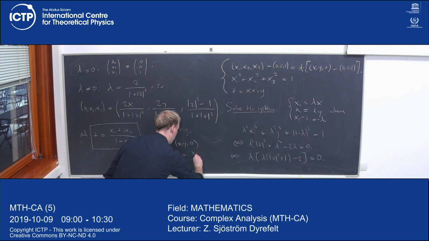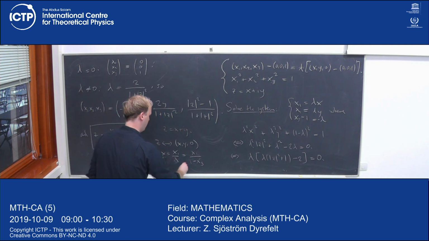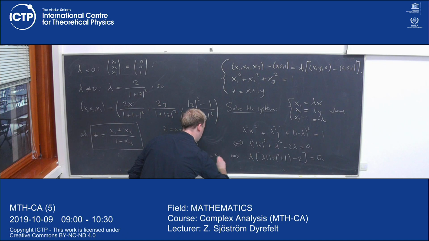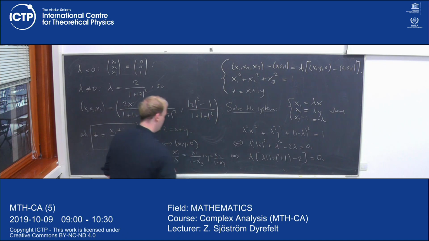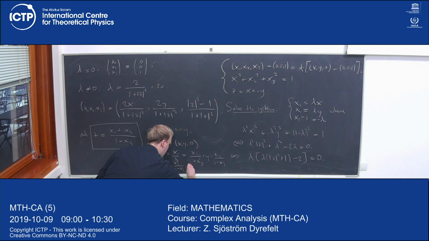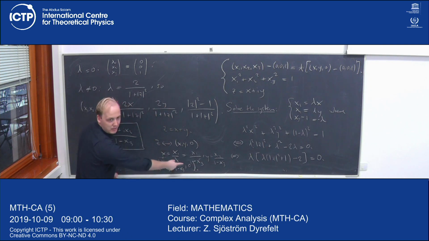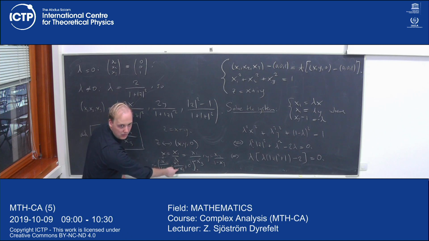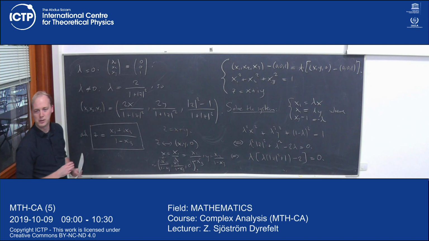So this is equal to x1 over 1 minus x3. And y is equal to x2 over 1 minus x3. So this point here is x1 over 1 minus x3, x2 over 1 minus x3, and 0. And if we now identify this back, this corresponds to x1 over 1 minus x3 plus i times the second coordinate, x2 over 1 minus x3. So therefore we get this formula.